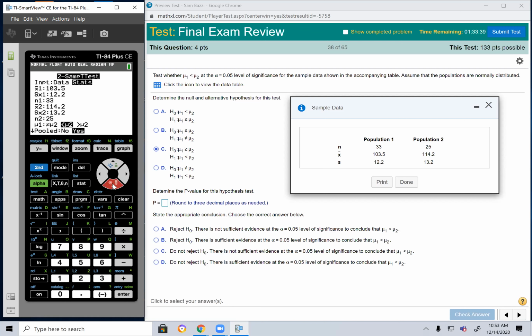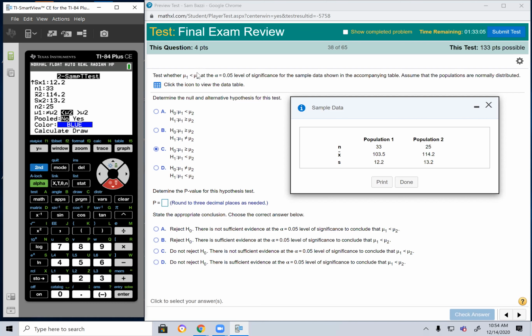Enter. Okay, pooled. If he didn't say anything, it's always a no, but I'll make sure to say that on the test. But by default, in some books, if he doesn't say anything, you just select no. So if I say assume that population variances are not equal, you use no. And if I say assume population variances are equal, you choose pooled yes.